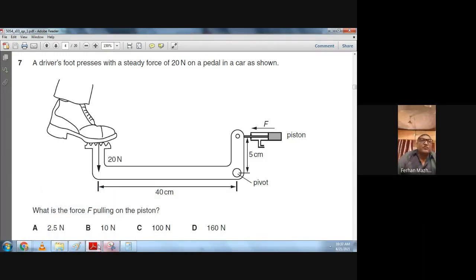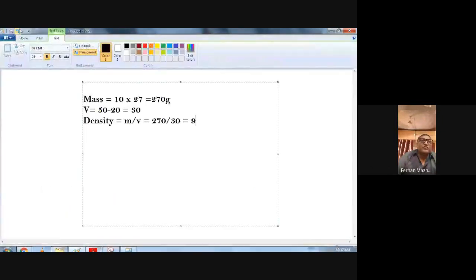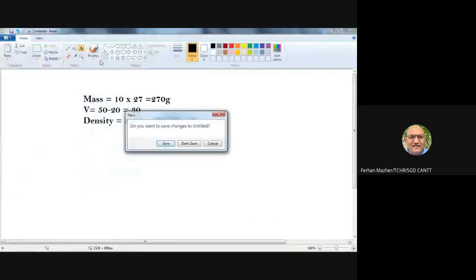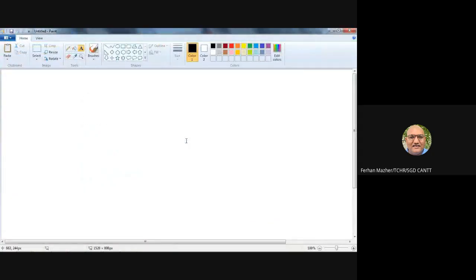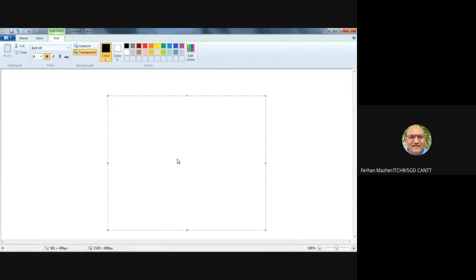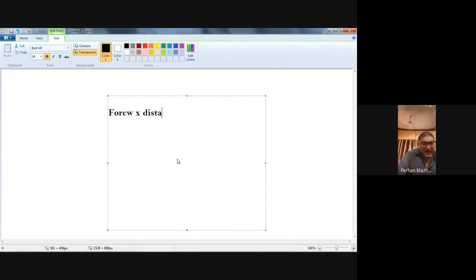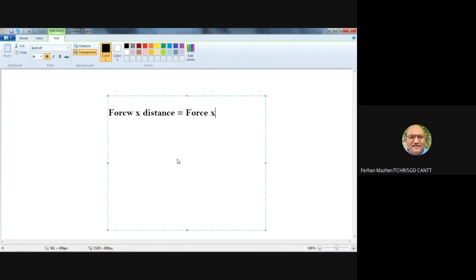So the moment produced, the force multiplied by the distance, and this means perpendicular distance, should be equal to the force number 2 multiplied by the distance.